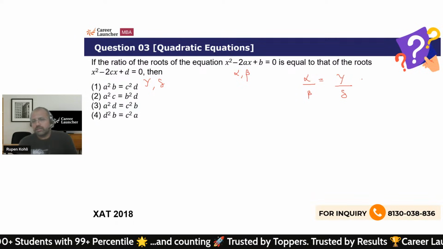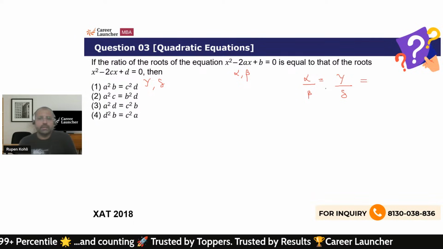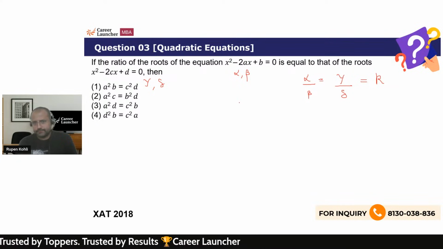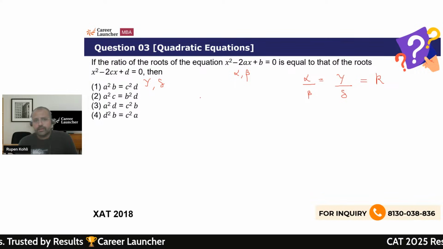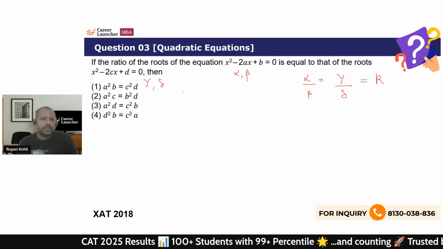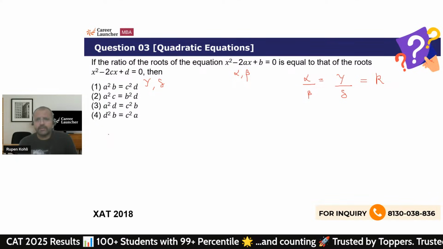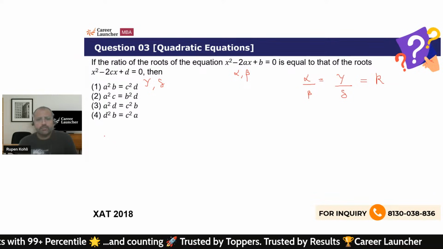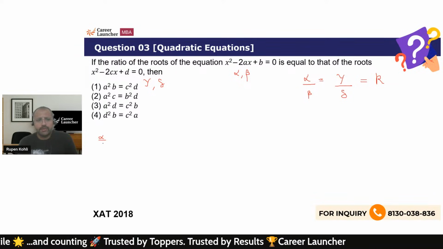Okay, so this is the manipulation that we have to do. Let's say that each of these ratios is equal to k. So we are given alpha by beta equals gamma by delta. If I want alpha plus beta whole square kind of thing, and gamma plus delta whole square kind of thing, think of this: you have alpha by beta in front of you.